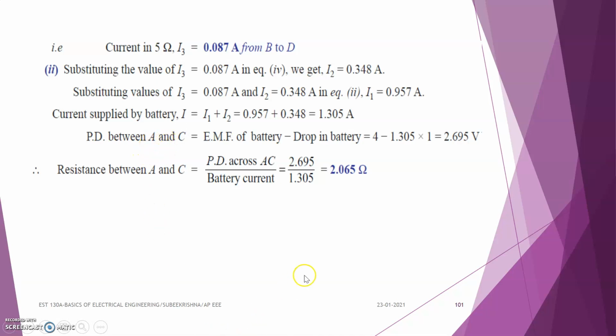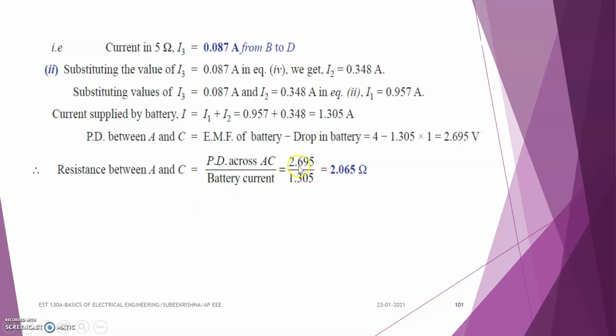Next we have to find out the resistance between A and C. In the previous step we got the value of potential difference. So potential difference across AC divided by the battery current, we are going to use this equation to find out the resistance between the points A and C. After applying the values, potential difference is 2.695 divided by the battery current 1.305.